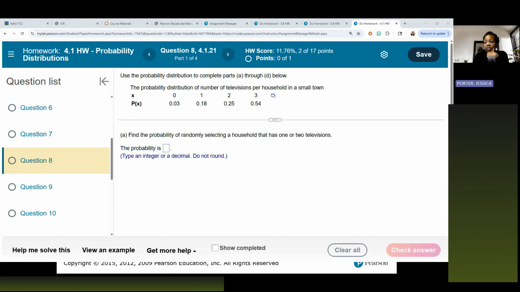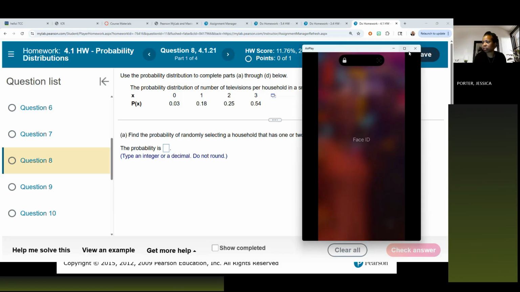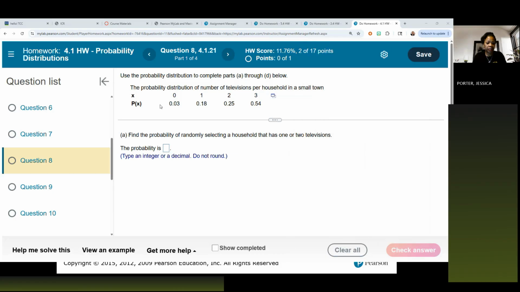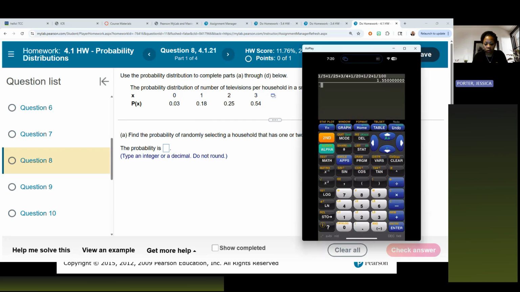Yes, the answer was given, add the probabilities under 1 and 2. So 0.18 plus 0.25, 0.43.